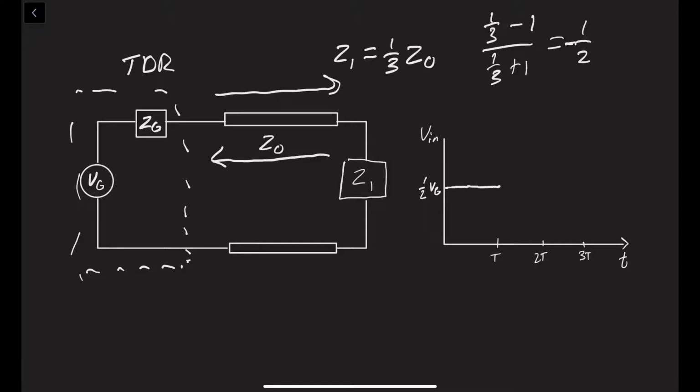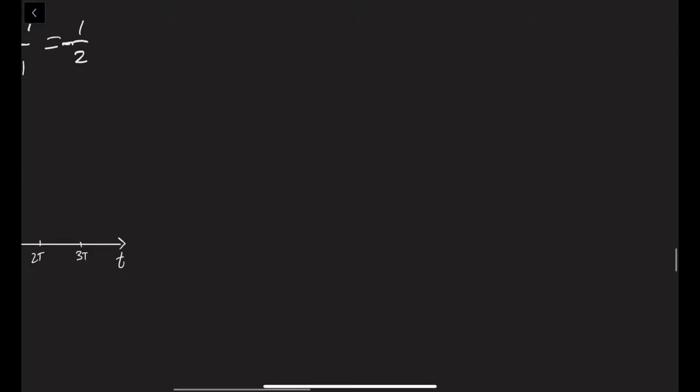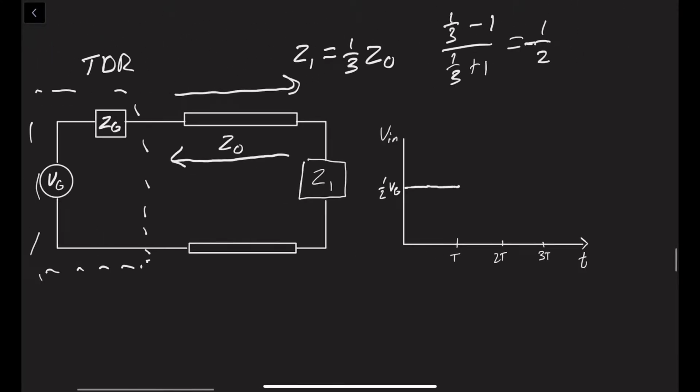What that means is, because Z1 is 1/3 of Z0, we're going to get a reflected wave that is minus 1/2 of the forward going wave. So minus 1/2 of 1/2 Vg will be minus 1/4 Vg. This wave right here will be minus 1/4 Vg, which will propagate back down the line.